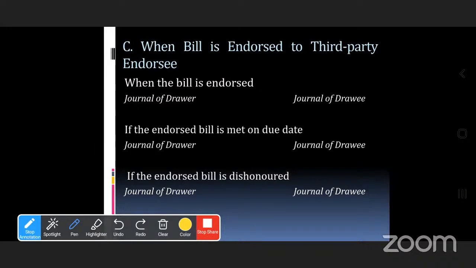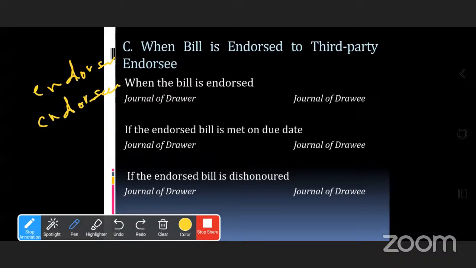What do you call this as? Endorsement of bill. The person who transfers or endorses the bill is called the endorser. Endorser. And the person to whom the bill is endorsed or transferred is called the endorsee. Endorsee. Okay.